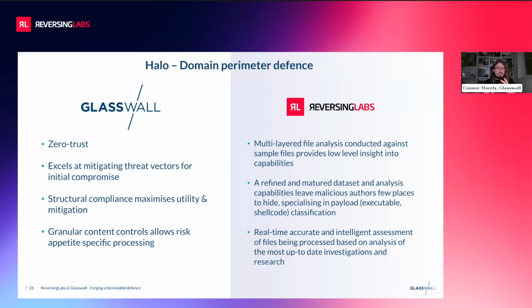With the structural compliance, you have that high level of mitigation whilst also maintaining the utility of the files. With the addition of ReversingLabs and file analysis being tied into that entire process, you have this inherent security provided by the zero trust CDR process, whilst having the threat intelligence provided by ReversingLabs to accurately identify any known threat, any granular threat, any section of files which could potentially be malicious.